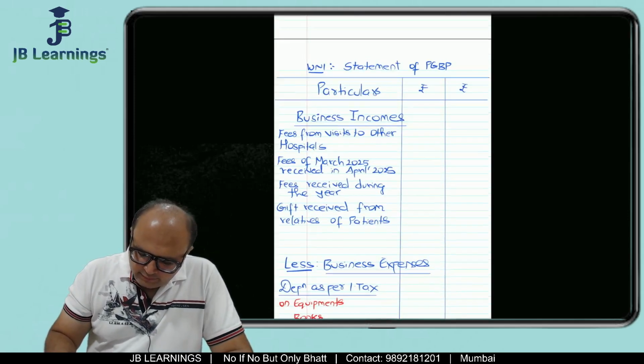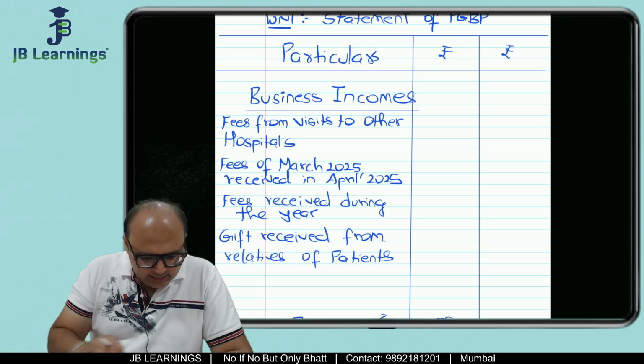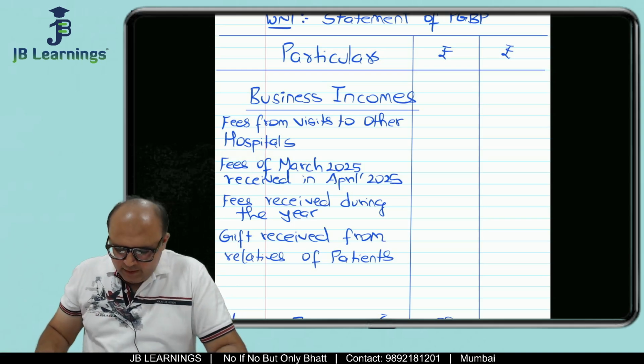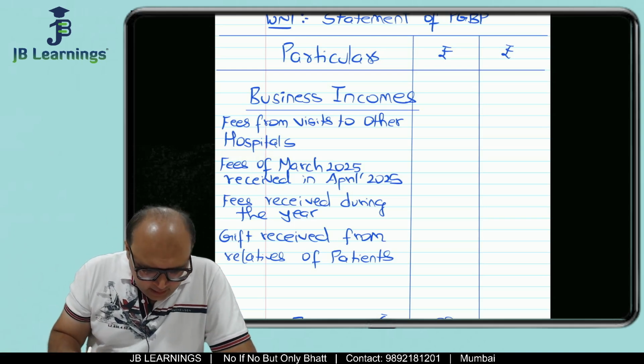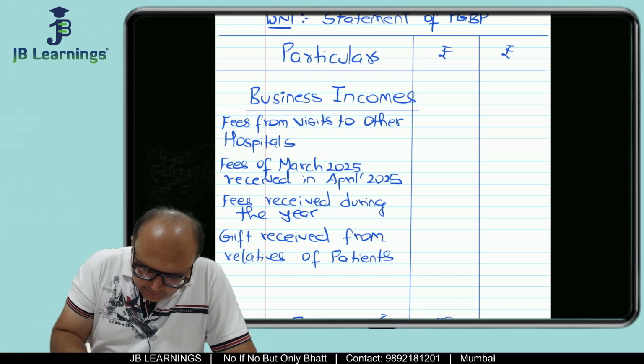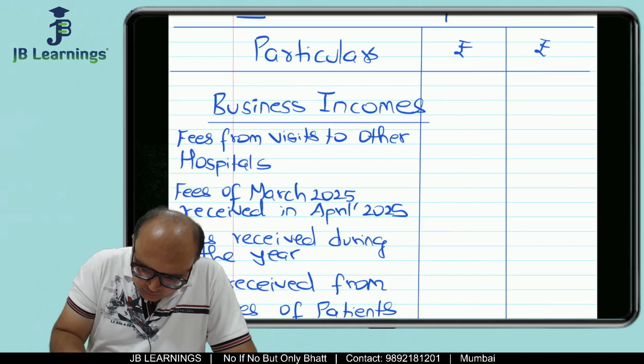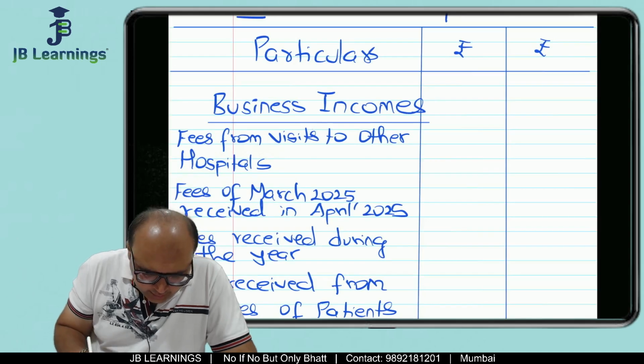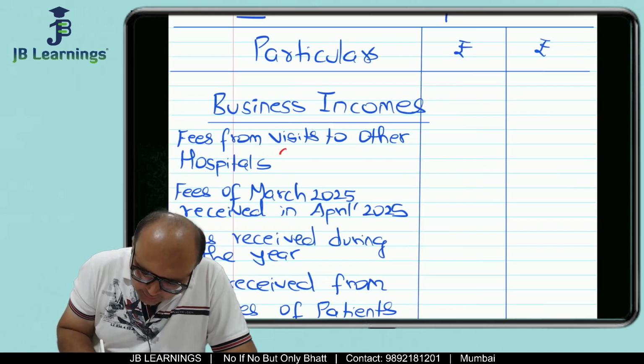Now as far as your PGBP is concerned, friends, fees from visits to other hospitals, they had given the net amount. So we have to convert the net into gross. How do you convert the net into gross? Gross is equal to net plus TDS.